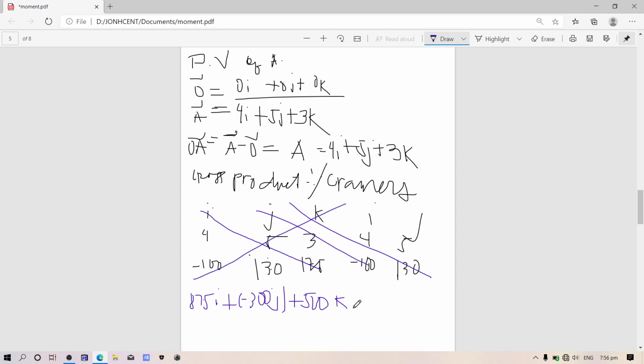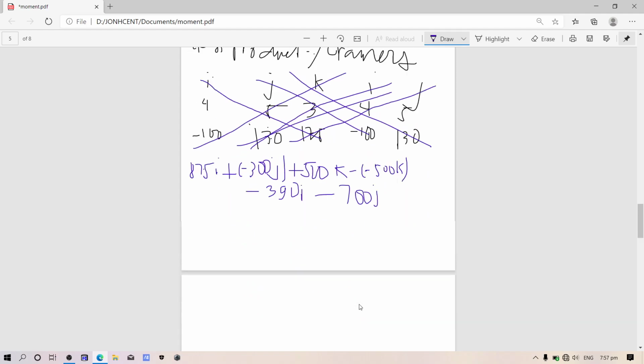So minus negative 500k. Okay, minus 390i, so ito siya, 390i minus 175 times 4 times j, so that will give me minus 700j.